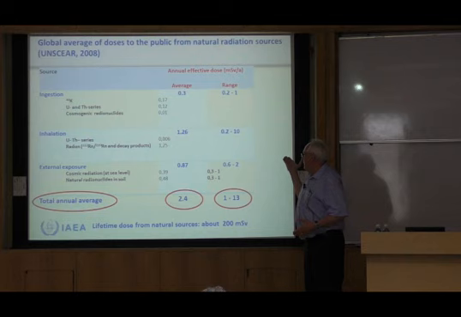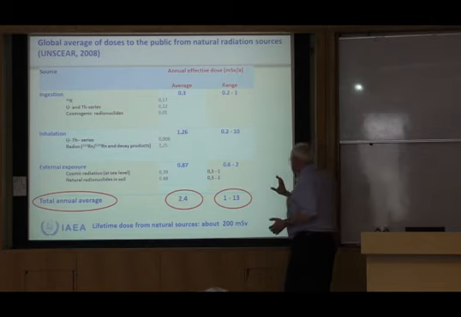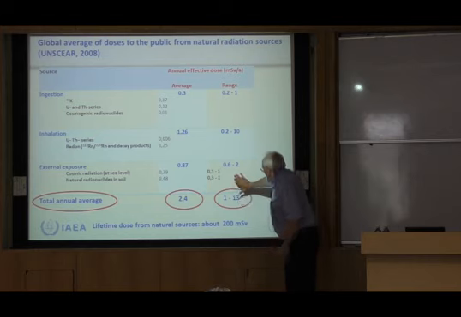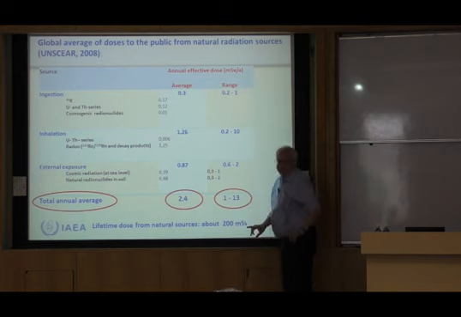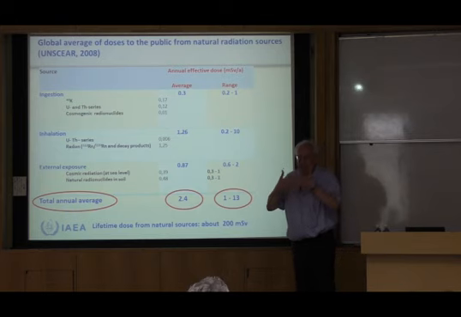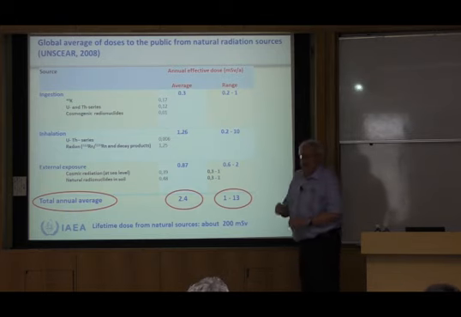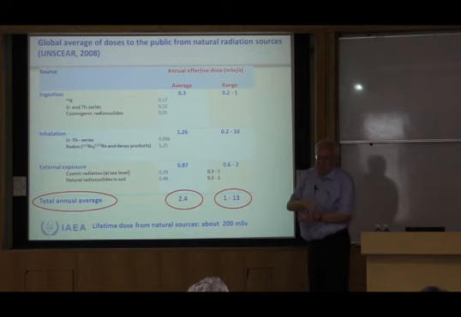But nobody can tell you whether a cigarette per month or per week has really an impact on the health. And so when you are close to the natural background or the variation of the natural background, it's very difficult to say what is the additional health effect from such additional exposures.